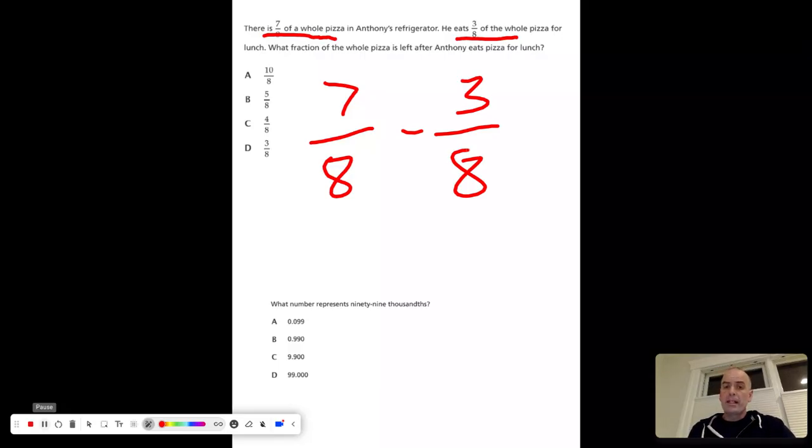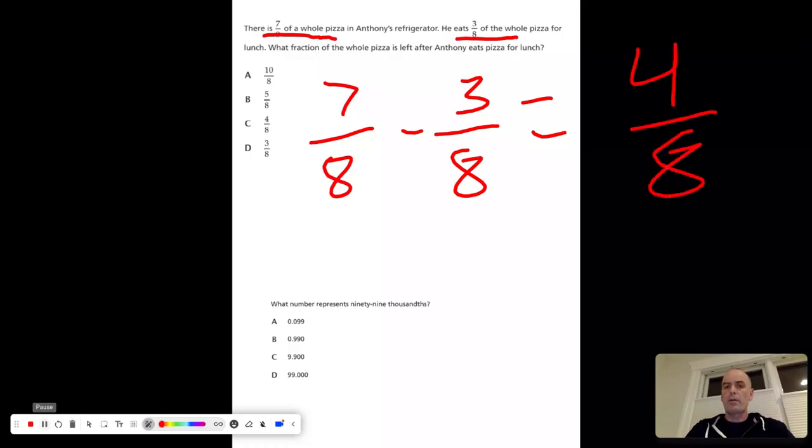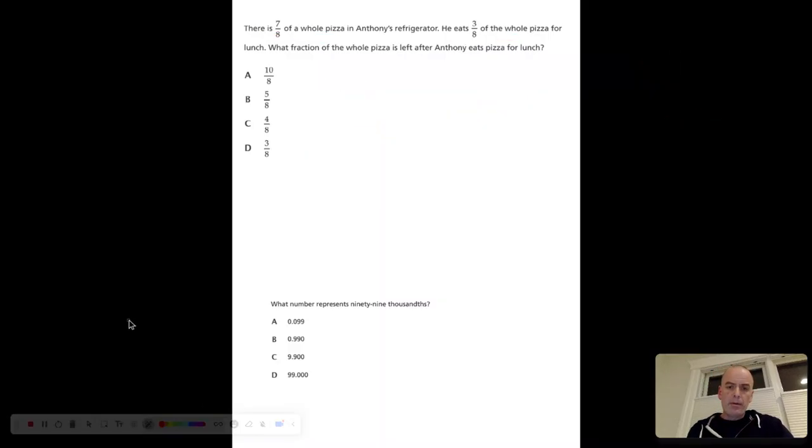He's not taking 3/8 of the 7/8. He's just taking 3 slices. And I know that sounds confusing, but trust me, it's just 4/8. Okay? Or 1/2.